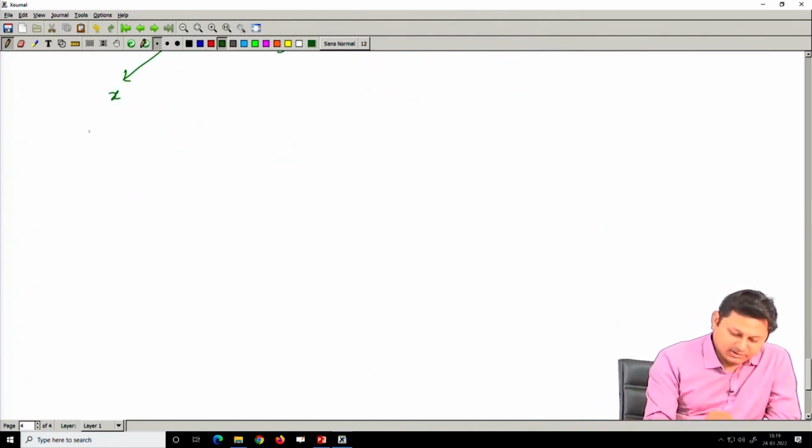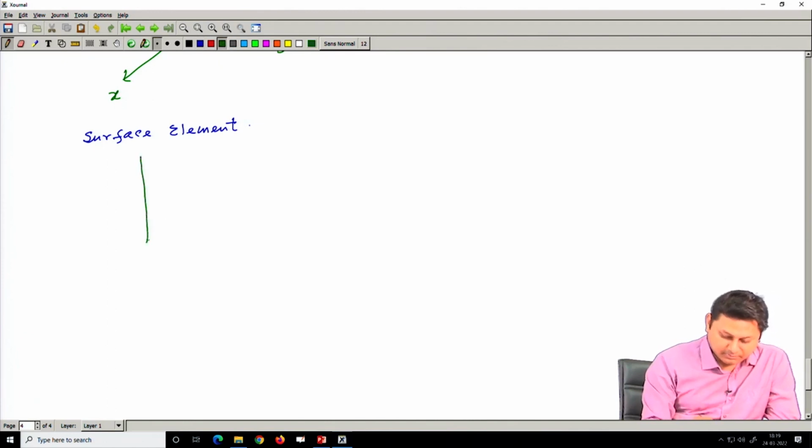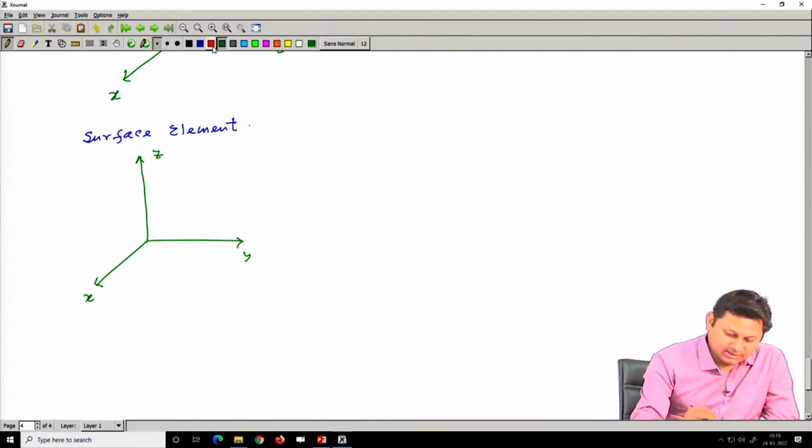This is again the coordinate system x, y, z, and you can have the surface like this, right? Let me draw the surface. One surface you can have is this, if I consider the box.